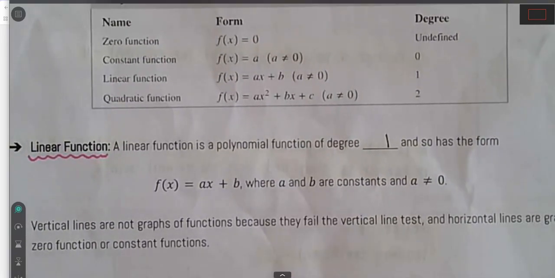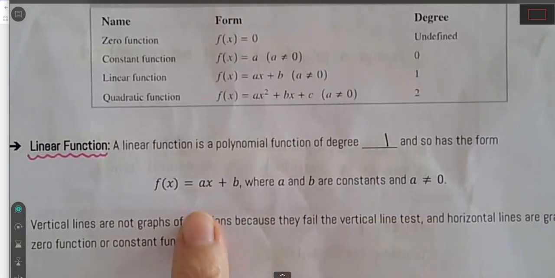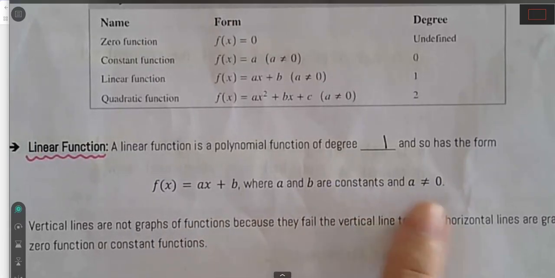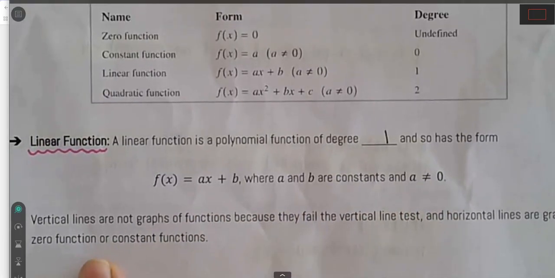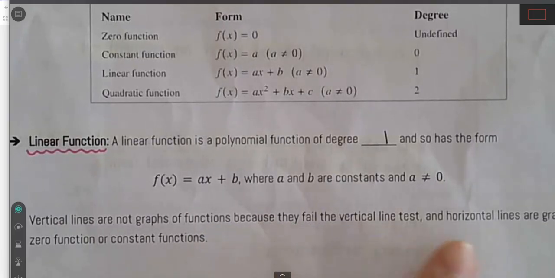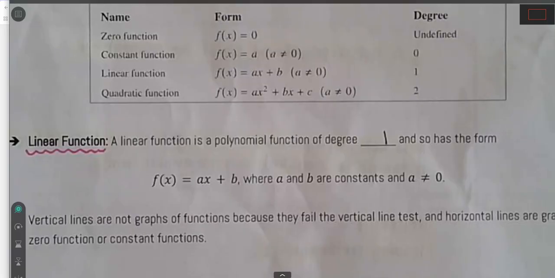A linear function is a polynomial function of degree 1 and has this form, also commonly referred to as y equals mx plus b. a and b are constants, and a does not equal 0. Vertical lines are not graphs of functions because they fail the vertical line test, and horizontal lines are graphs of the 0 function or constant functions.